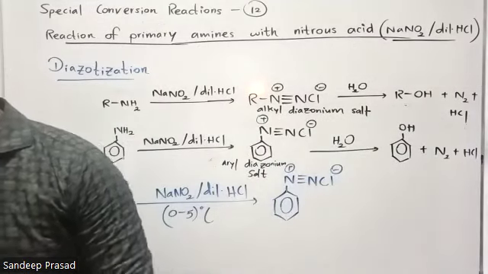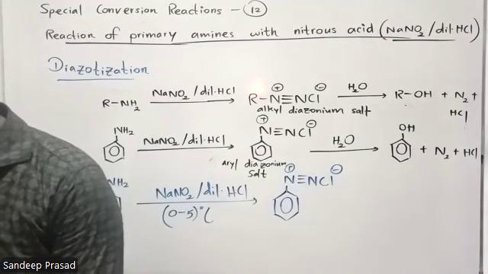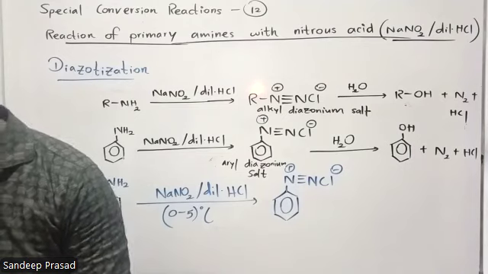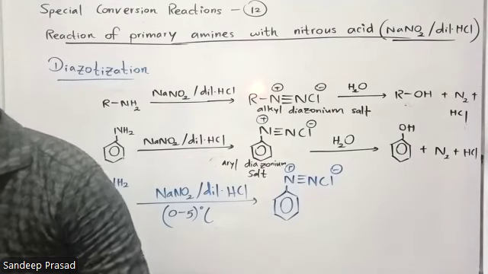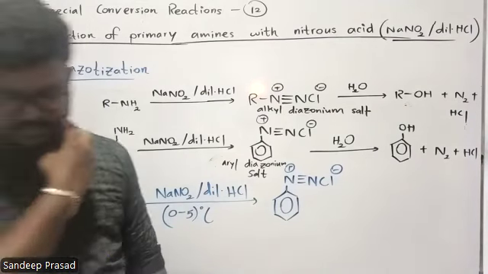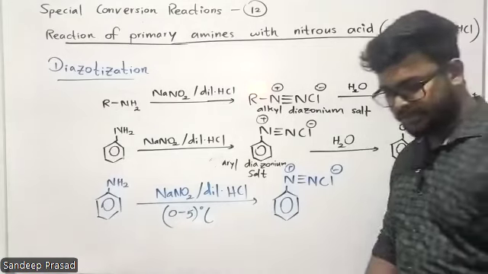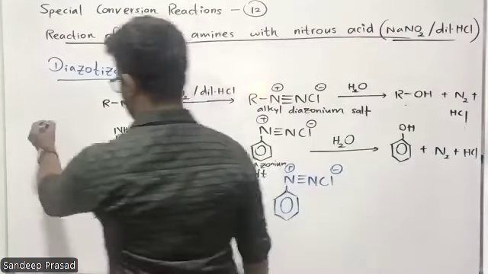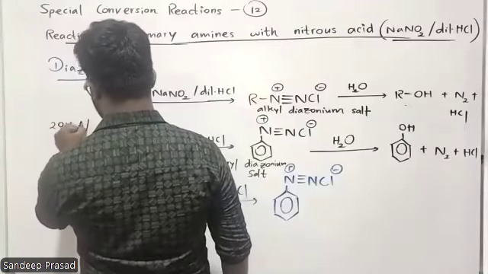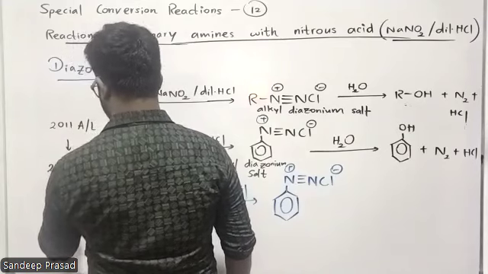Now we can go for some conversions quickly. Students, after the completion of these organic reaction sessions, I will discuss all the isomers questions from 2011 to 2024 A level.